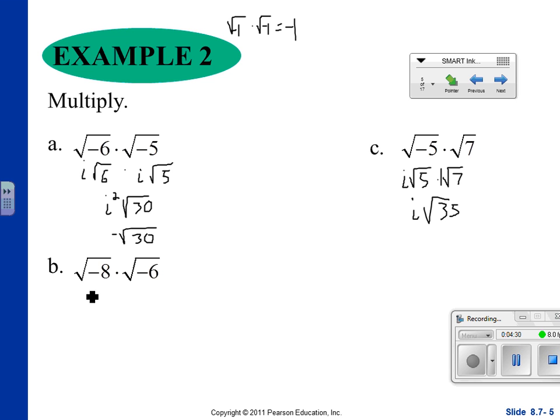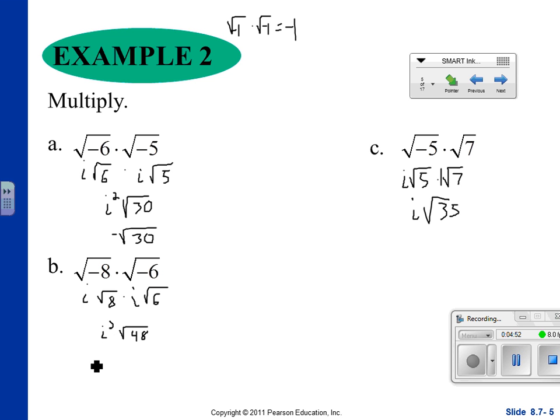Example B, same thing. Pull out the i to start out. On this one too. Then we can multiply 8 and 6. We get square root of 48. I times i, we get i squared.